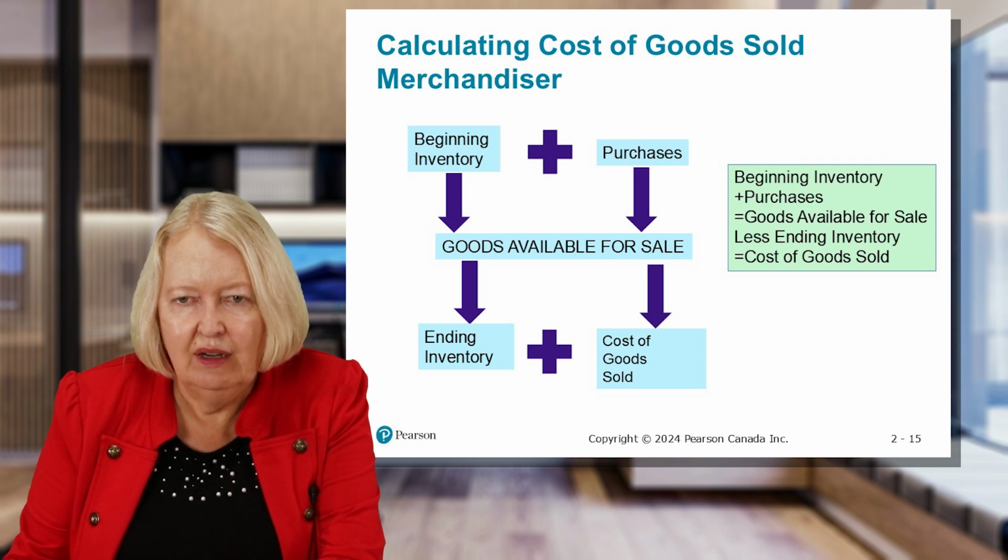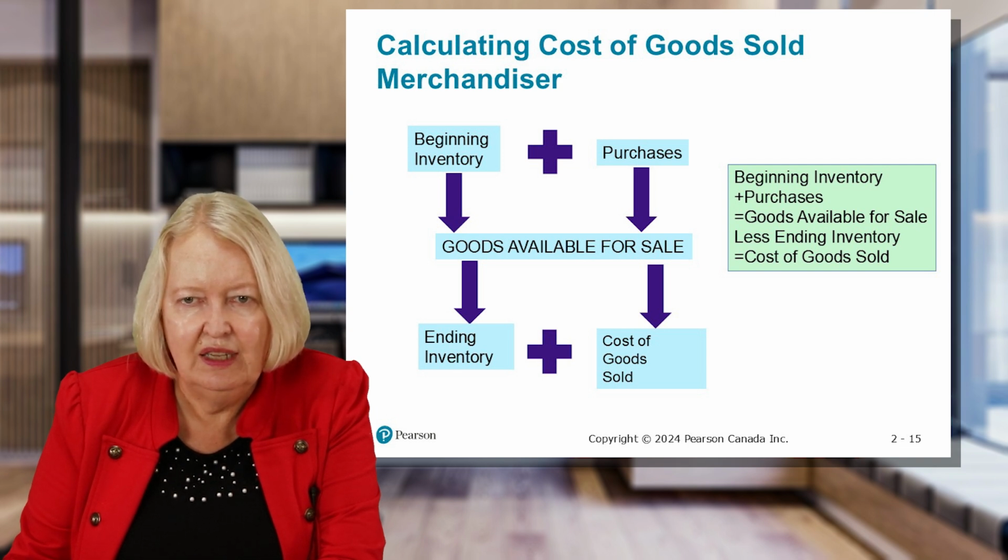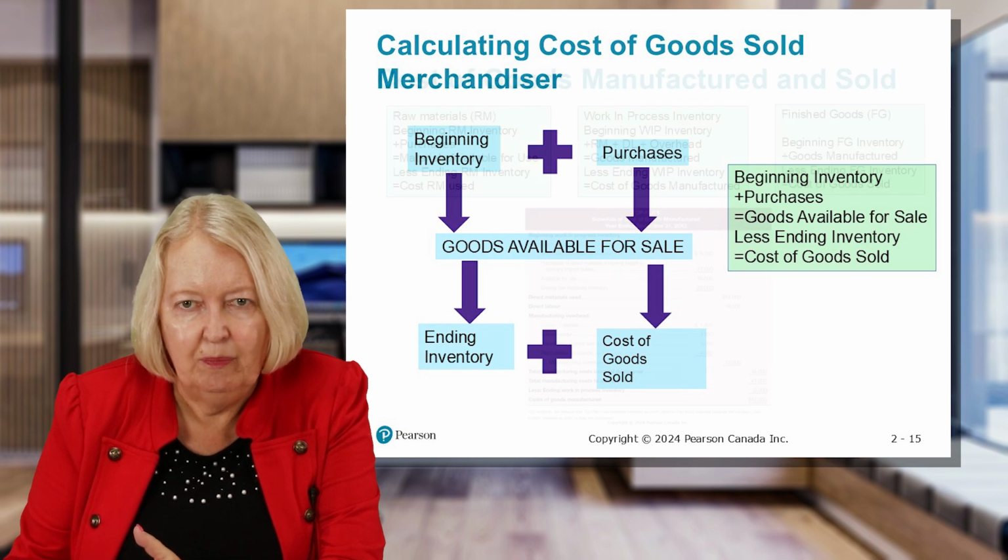Then you want to figure out how much you sold, so you calculate your ending inventory. You subtract your ending inventory, and that will give you your cost of goods sold. So it's beginning inventory plus your purchases, which tells you how much you have available for sale, subtract your ending inventory, and that gives you the cost of goods sold, which you would then deduct from your revenue.